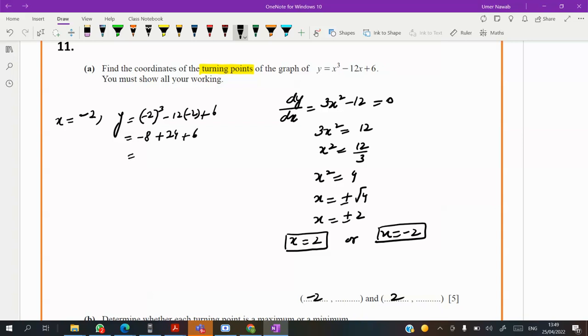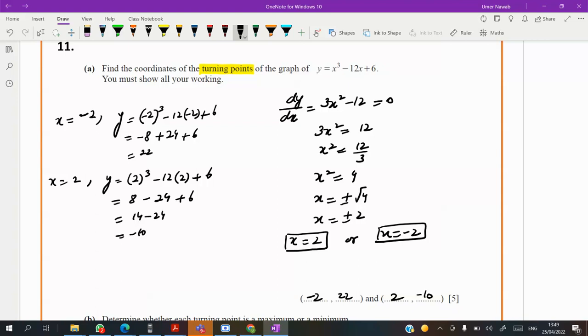So I'm getting here 22. So this is 22, and now if x is equal to 2, it gives us minus 10.